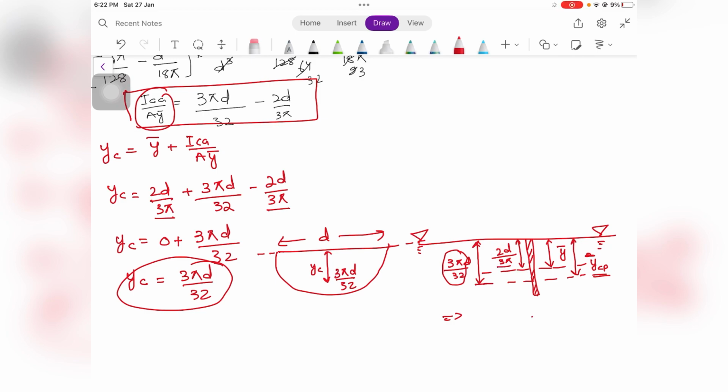So 2 upon 3 pi is 0.21 d, and 3 pi upon 32 is 0.29 d. All right, so we need to understand the depth of center of pressure is a little more than the depth of the CG.